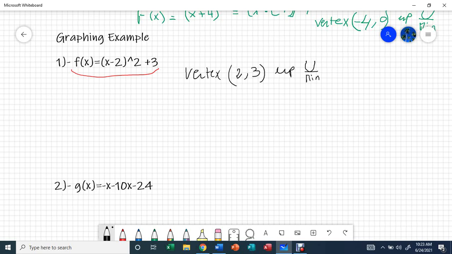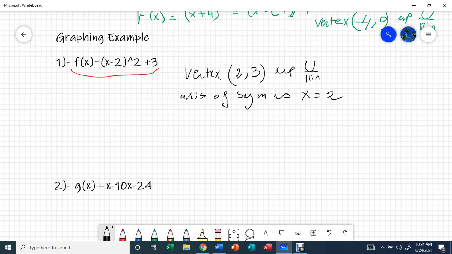So let's graph it here. And the axis of symmetry is what? Is x equal to. So the line x equal to is the axis of symmetry.